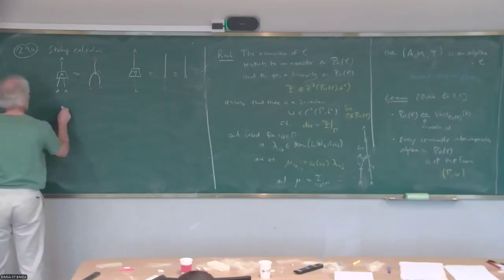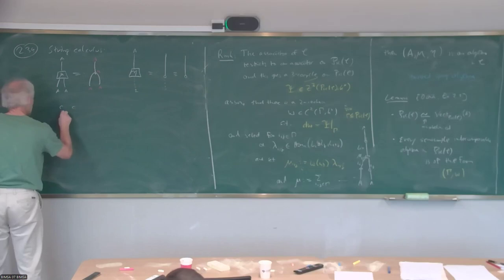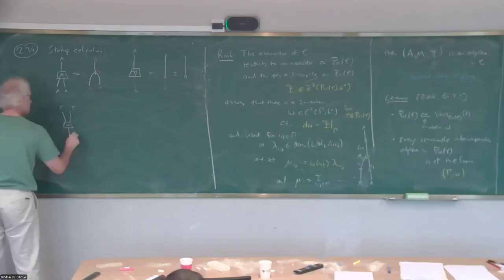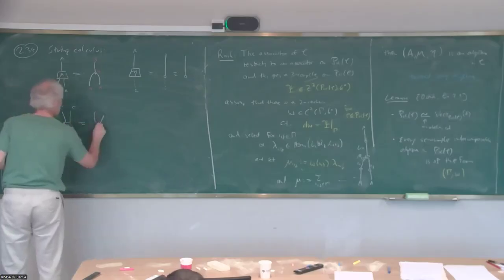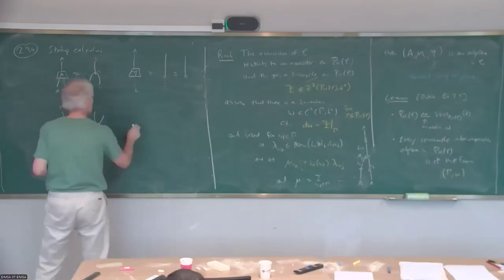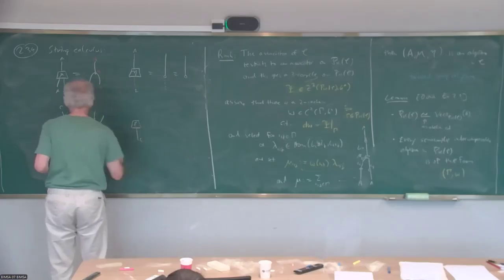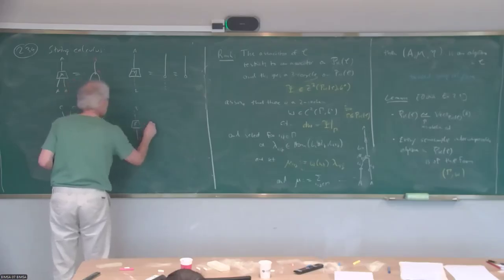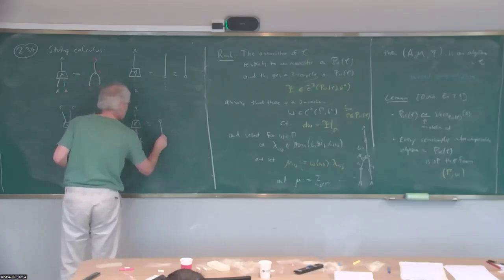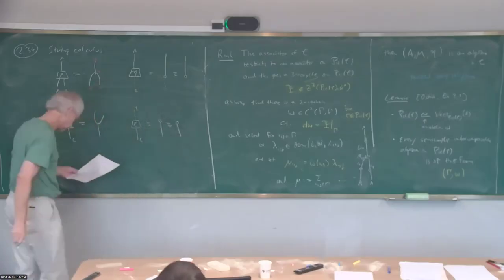And analogously for the co-multiplication delta of a co-algebra, we draw this in this way, and the co-unit, which goes from C to 1, we write in this form or just in this form.